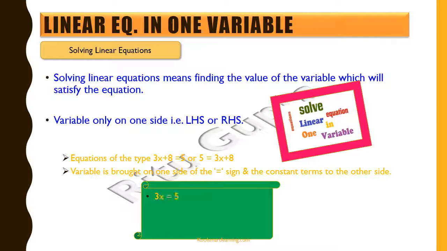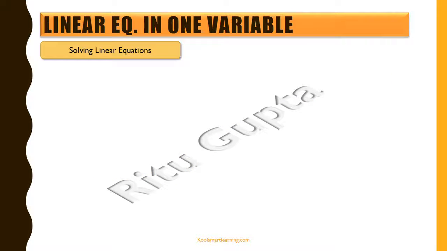To do that, we make it 3x is equal to 5 minus 8, which means 3x is equal to minus 3, and hence x is equal to minus 1. This is how we solve the equation 3x plus 8 is equal to 5 to find the value of x.